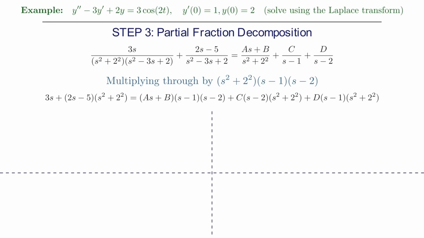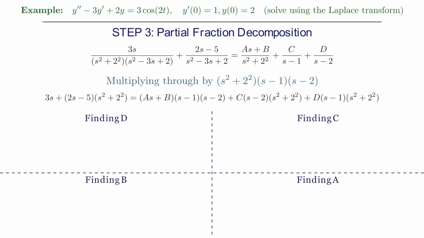So you could take any 4 values for s and substitute that into this equation, because it's true for all values of s. This would give us 4 simultaneous equations in 4 unknowns, which we could solve to find the values of a, b, c and d. So here I'm going to be a little bit more strategic in choosing the values of s to eliminate as many terms as possible to make it faster to find the values for the unknowns.